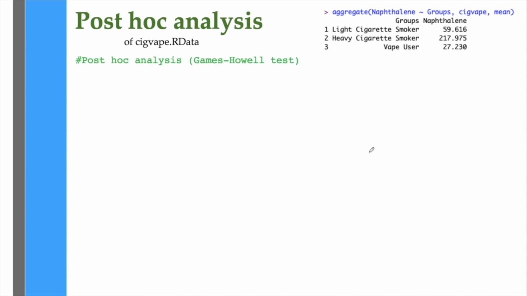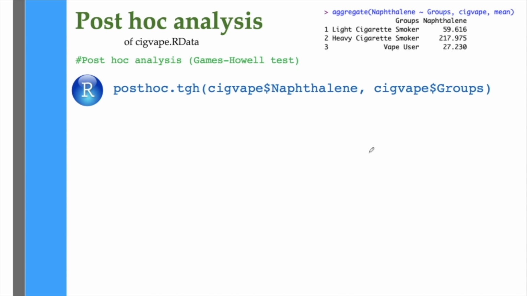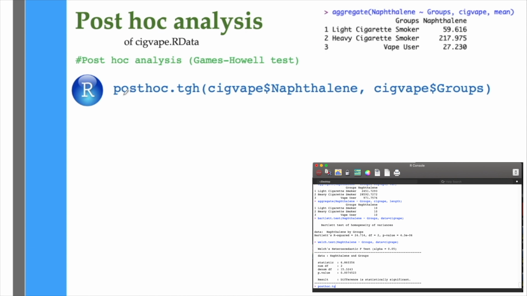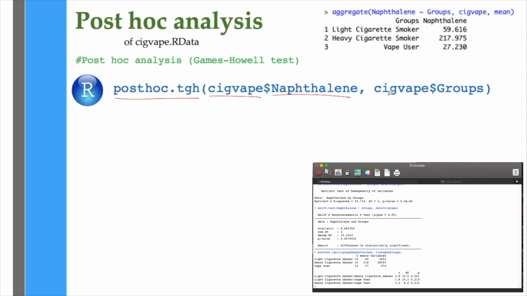To perform it in R, we just have to type posthoc.tgh and then sigvape$, and then the quantitative variable, which is naphthalene, followed by sigvape again, which is the data file, and then $, and then groups.